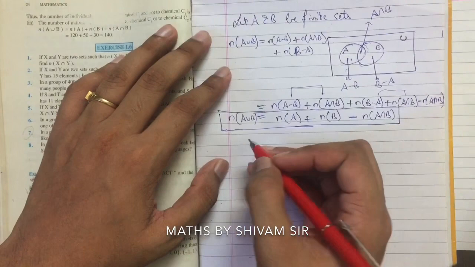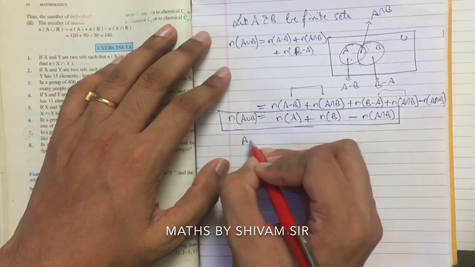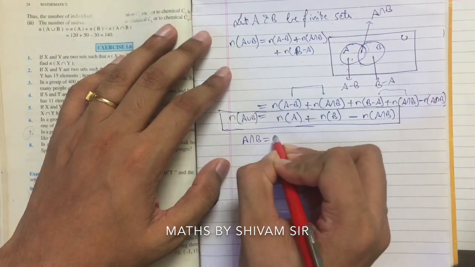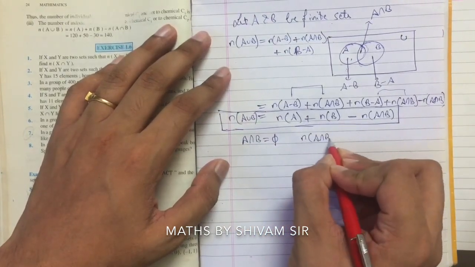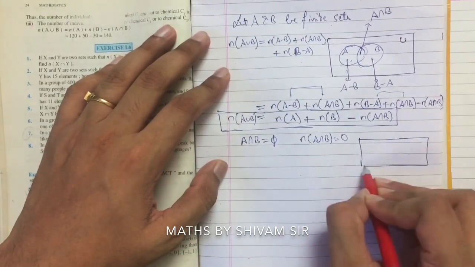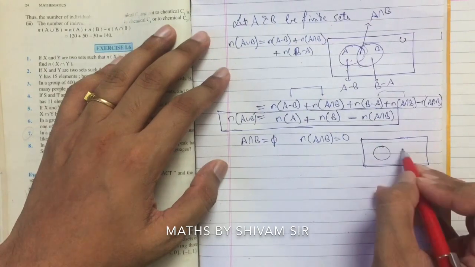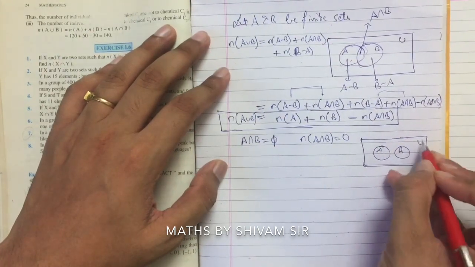Now suppose A intersection B is phi, so the number of elements of A intersection B will be 0. On the Venn diagram, this means there are two different sets with nothing common between A and B, and this is the union.